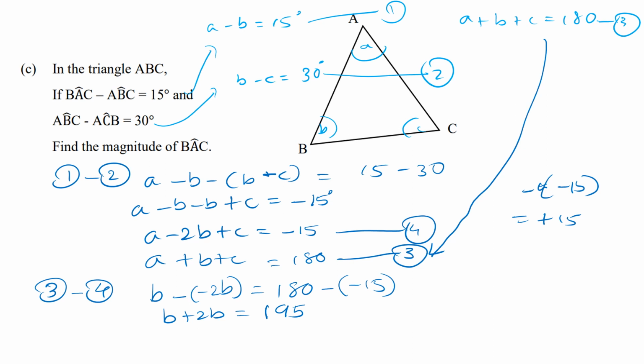So that's why I get this at once 195. So 3B is equal to 195, then B is equal to 195 divided by 3, which is equal to 65, right? So B is equal to 65, and then we'll substitute 1 and 2, and we will find the answers for this.